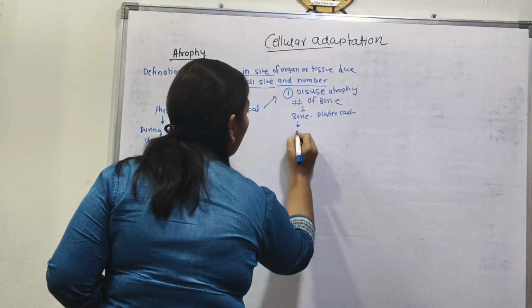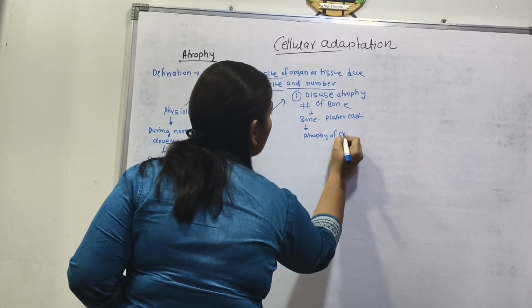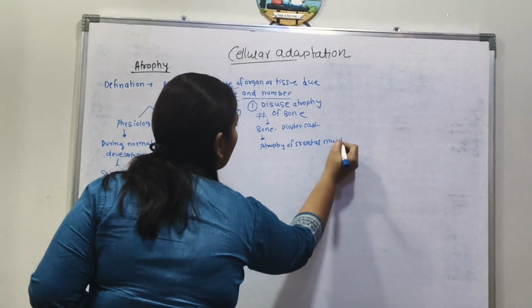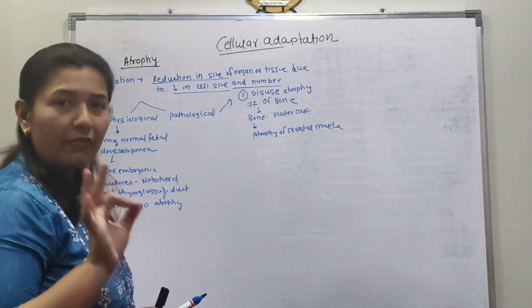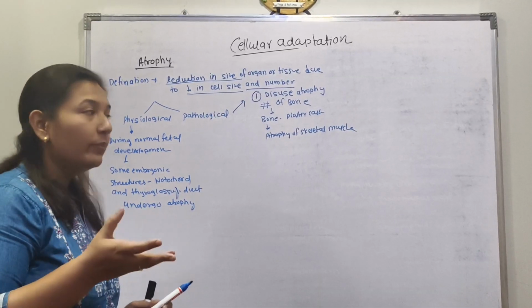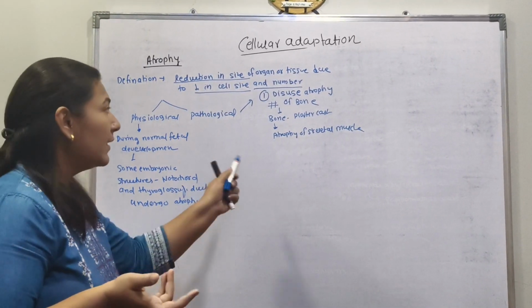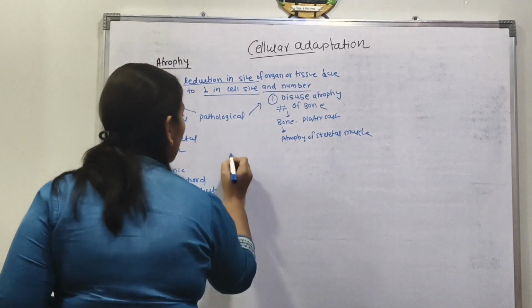Then it leads to atrophy of skeletal muscles. There is no use of the skeletal muscle, so atrophy of the skeletal muscle occurs. This is the first cause of pathological atrophy.